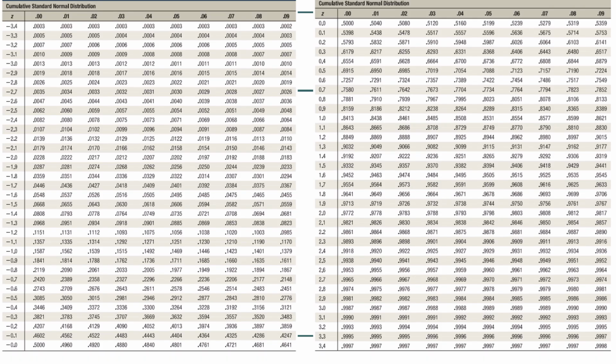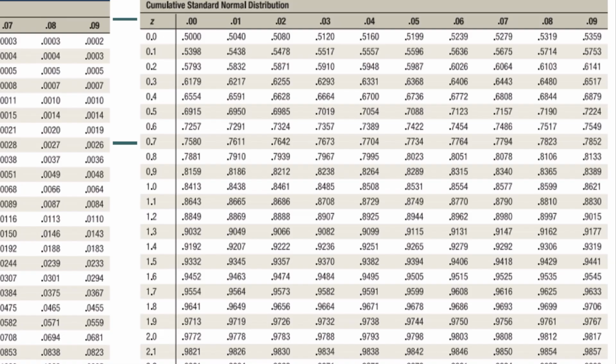So let's see the area under 1. Here is my 1. It's positive, so I'm going to read it under the positive part of my table. And here is the 1. It's 1.0 and 0. So I'm going to take that value, which is the area to the left of 1, 0.8413. And I want the other area, the smaller area, which was left of the minus 0.5.